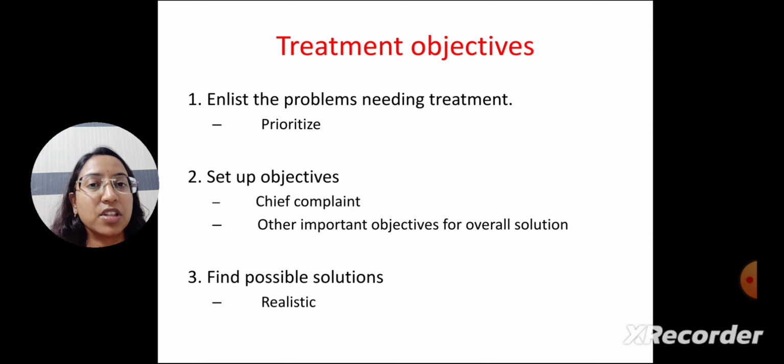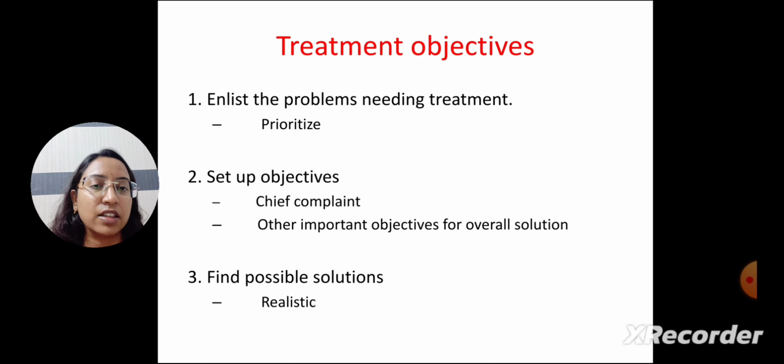Also, whatever solutions we are giving should be realistic. Say the patient is an adult who is not growing, but there is a severe class 3 discrepancy. We cannot give a solution of orthopedic appliances or a chin cup to correct such issues.